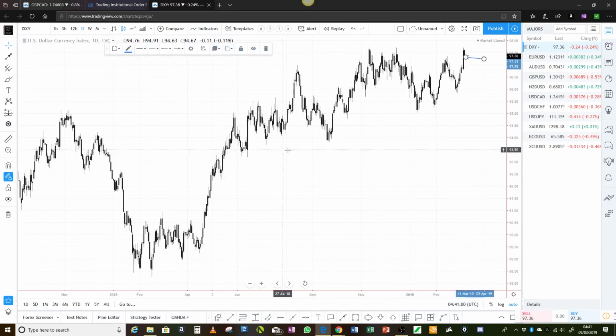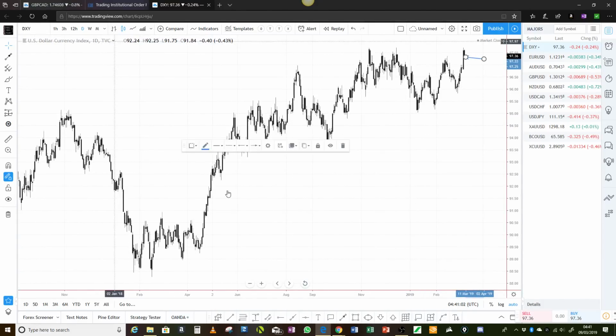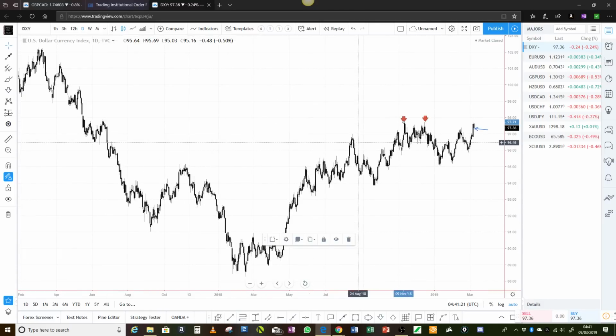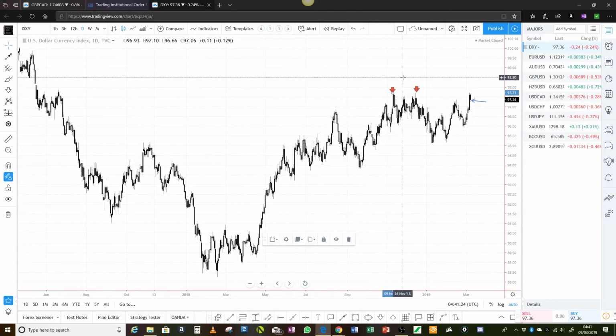So you would go above where price is right now, making sure that you are not hitting any candles as you go up and left. You want to clear all these highs that are to the left. You want to go above them and look to the left to find out where are the big drops in price, because we're looking for supply, meaning we're looking for down moves in price.